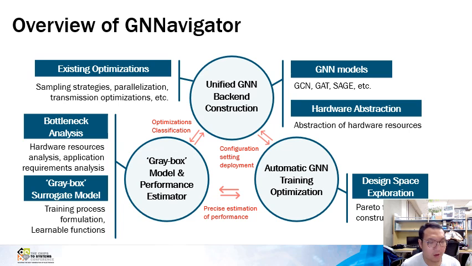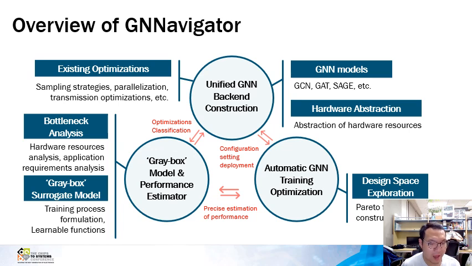The main design logic of GNNavigator is shown in this slide. First, we construct a unified GNN backend with a general abstraction of many existing optimizations, and we support many GNN models and hardware platforms. The backend builds an overall abstraction of GNN training from algorithms to hardware.